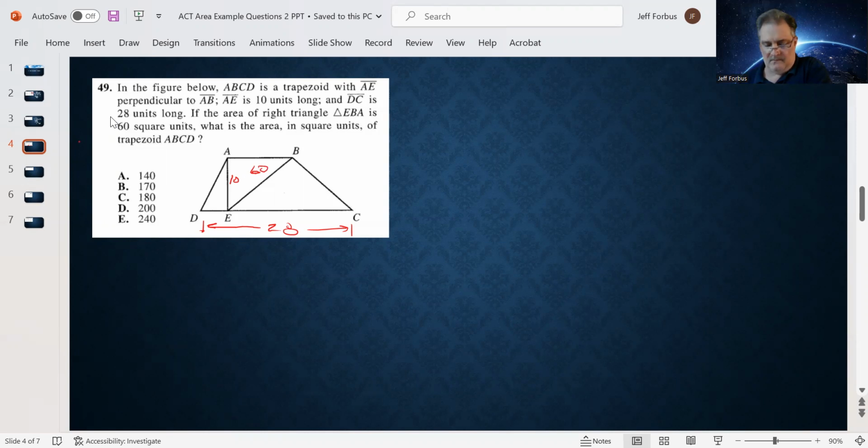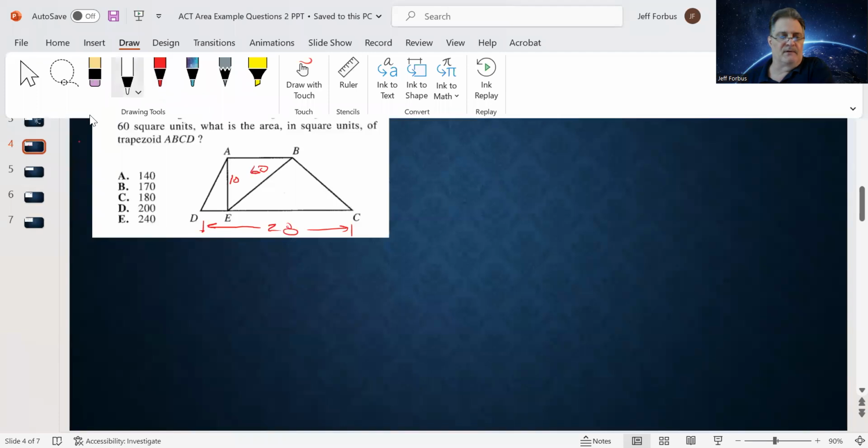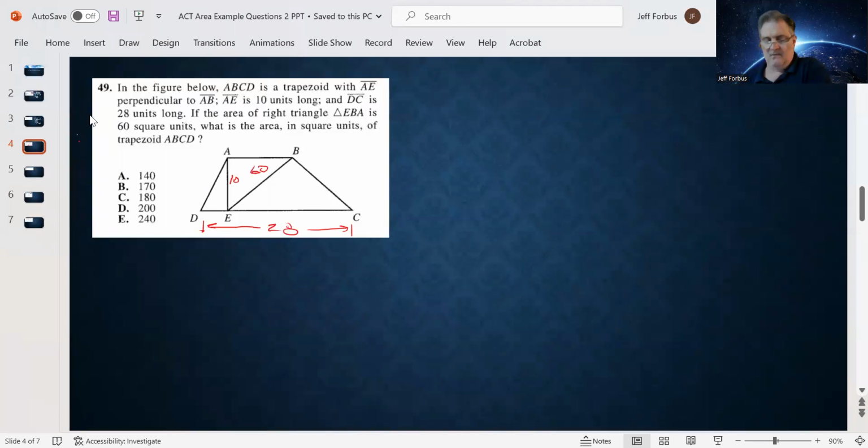All right, so we got to do a couple of things here. Let me change my pen tip color back to white so I can write. So we know we've got AE in the triangle, which is 10. If we can get AB, then we can figure out the area of the trapezoid.